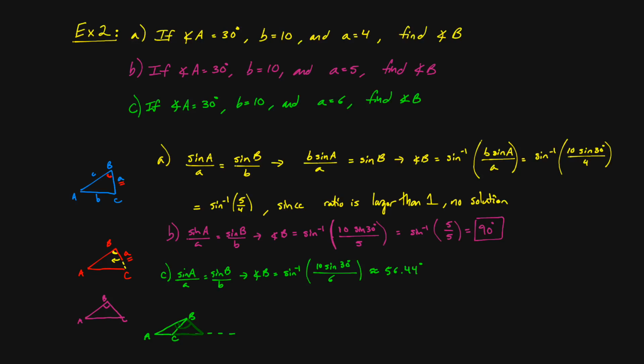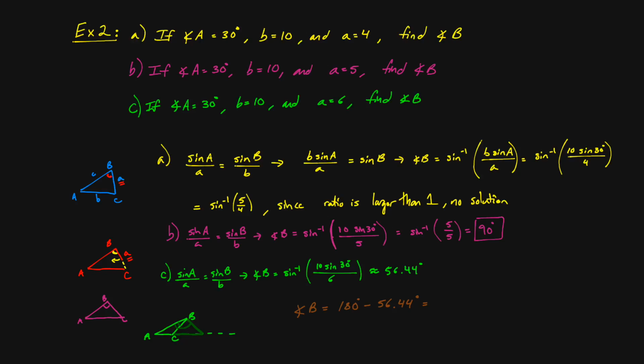So what that means is if this could have been a different angle, what we could say is if it's an obtuse angle, we can say that actually angle B could also be 180 degrees subtracted from this 56.44 degrees.